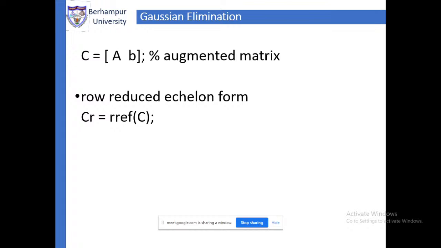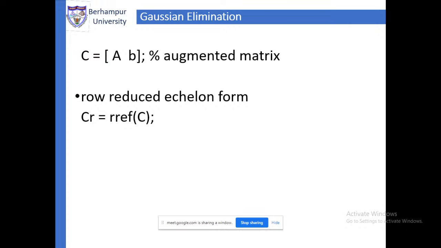First, you augment the matrix A with the matrix B, which means A is a 3 cross 3 matrix. To that you add one more column, which is the matrix B. So you will get a matrix with 3 rows and 4 columns, which is a 3 cross 4 matrix. For augmenting we write C is equal to A space B.